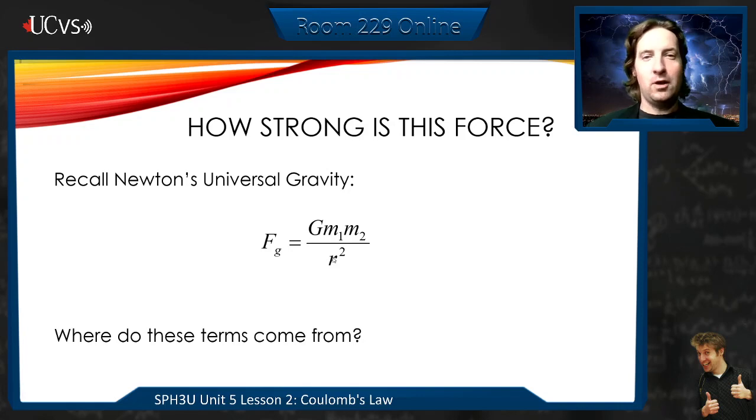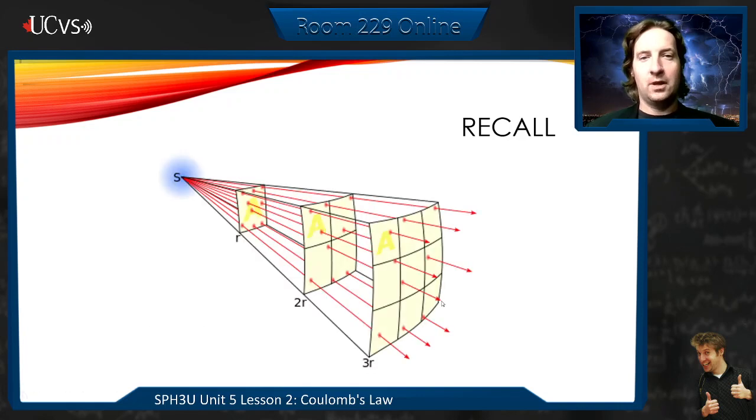And if we recall, this came from this idea of a sphere and the surface area of a sphere. So every time we increase our distance r, so we go from r, 2r to 3r, we're increasing the area by a square. So here we have 1a, now we have 4 a's, and here we have 9 a's, 16, 25, and so on and so forth.